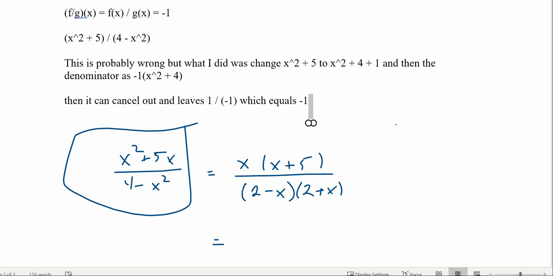Now yours, Sean, when you wrote that top, x squared plus 4 plus 1, and then the bottom, you did this. There are 2 mistakes in here. Okay. One, when you factor that negative out, this would have been a negative 4.